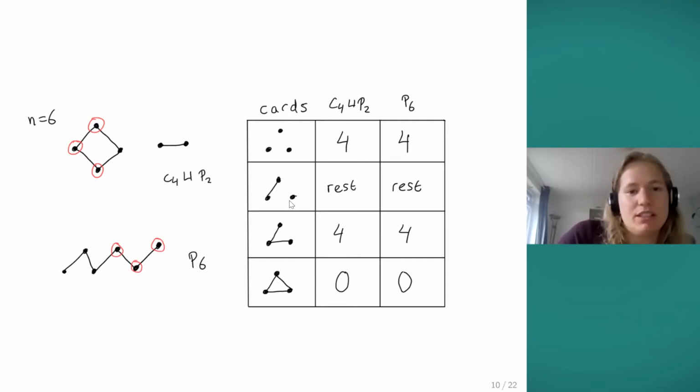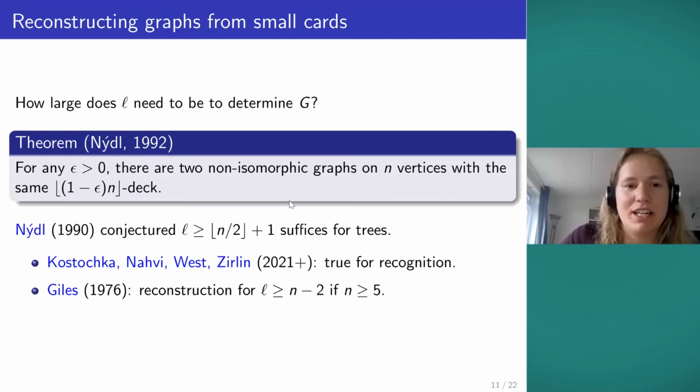Okay, so hopefully the setup of the deck is a bit clearer now. We saw previously that for some of these properties, we could actually remove a linear number of the vertices, but in general this is not possible.